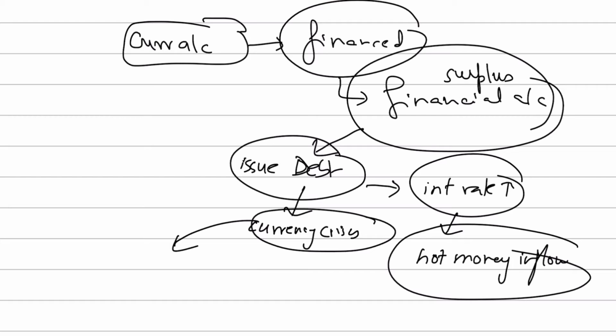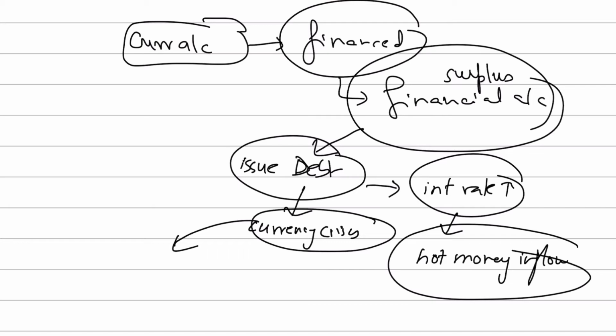And why is that? The reason is that if you're taking in external debt, and if this continues over the long term, your investors will lose confidence in the economy, because they will lose confidence in the ability of the country to pay back these debts.